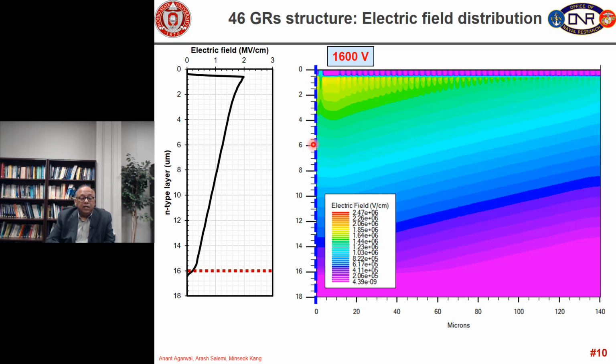So, electric field here should be a trapezoid as we expected, and you can see the maximum electric field is about 2 megavolt per centimeter, pretty close to the breakdown field of silicon carbide, which is what we had assumed in the original design. You can see electric field is a little higher here and then reduces as we go across the guard rings.